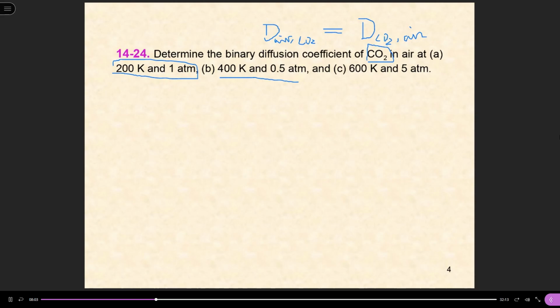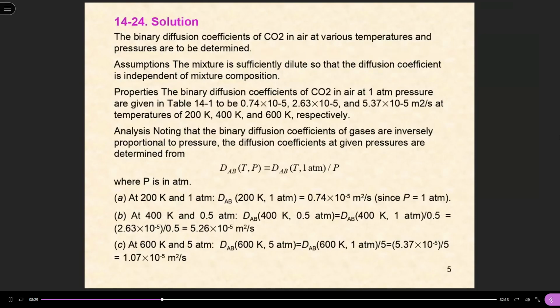400 K and lower pressure and high. This is high temperature, high pressure. This is high temperature, low pressure, and this is low temperature and normal pressure, to see how the diffusion coefficient varies. Well, you have to know the base first. Basically, we know the CO2.